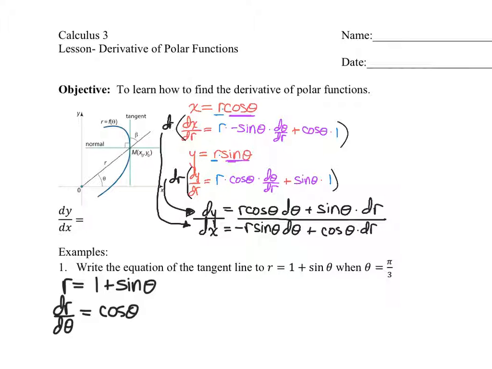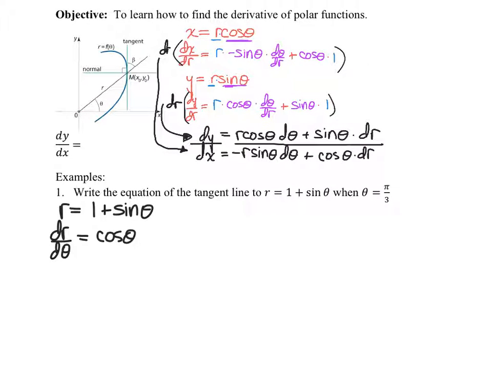So I could figure out dr d theta when theta is equal to pi over 3. That would be cosine of pi over 3, which, based on knowledge of the unit circle, is going to be 1/2. So I have that part of it.